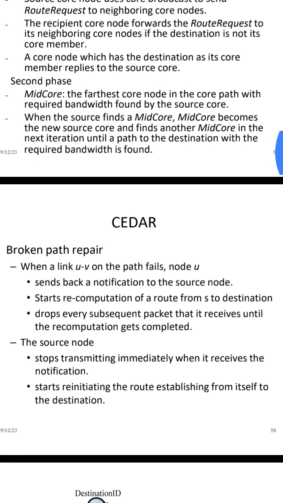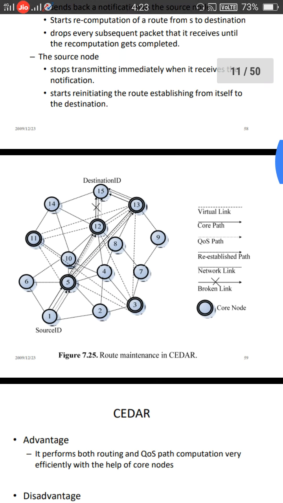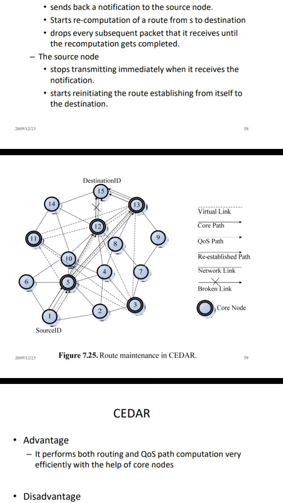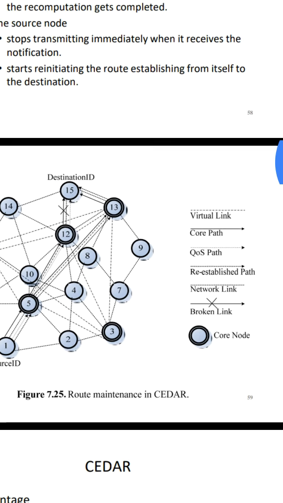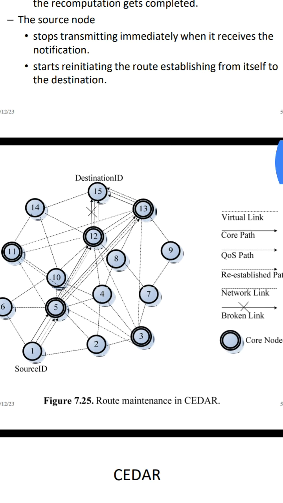If any one path is broken, another core node takes the responsibility to reach the destination. The paths here are the virtual link path, the core path, the quality of service path and the re-establishment path. If any one link is broken, as in this route maintenance example, where the link from 12 to 15 is broken, another path is established through another core node.